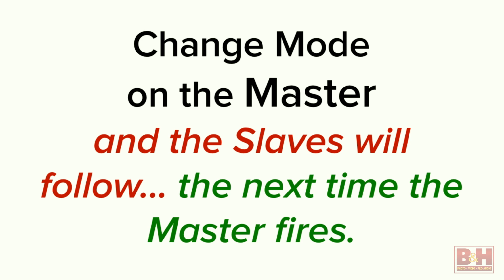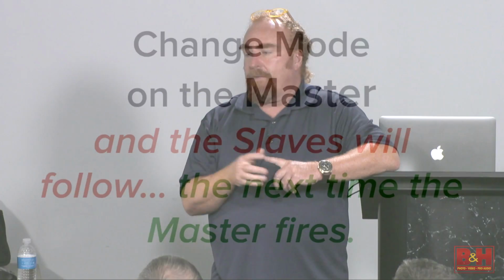You turn a Speedlite on as a slave, optical or radio, and it will default to ETTL mode, Canon's evaluative through the lens flash metering technology, automatic flash. But if you want to dial the power up or down, all you have to do is change the mode of your master to manual.